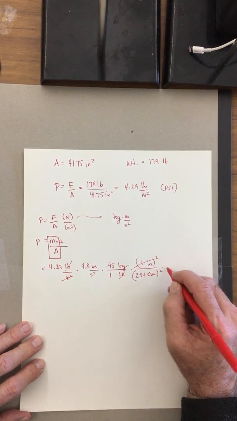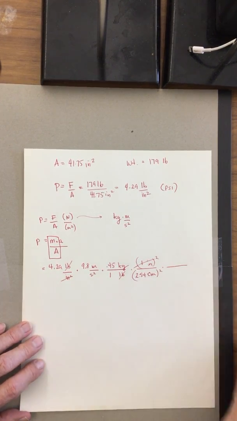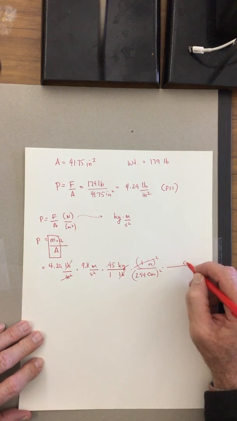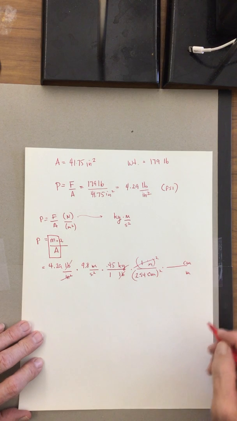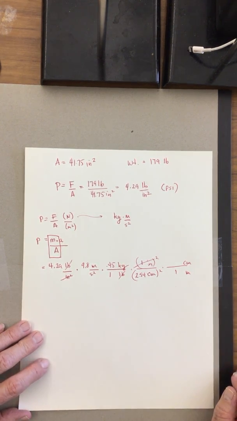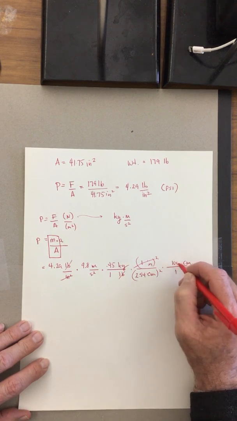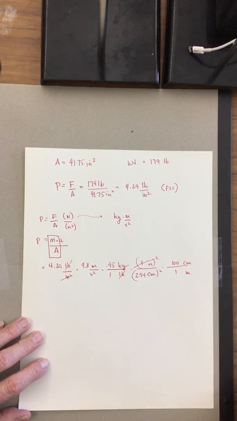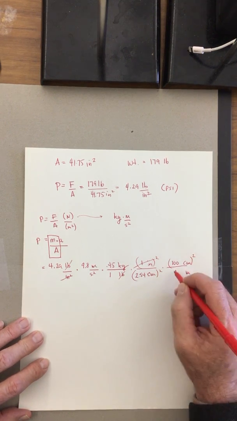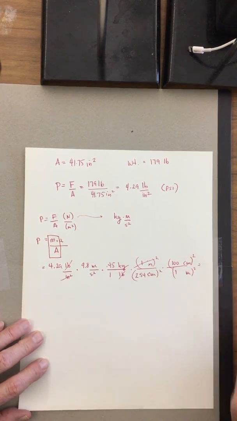And then the last step is converting from centimeters to meters squared. So we have centimeters here, we have meters here. 1 meter is equal to 100 centimeters. But we still need to square this and square this.